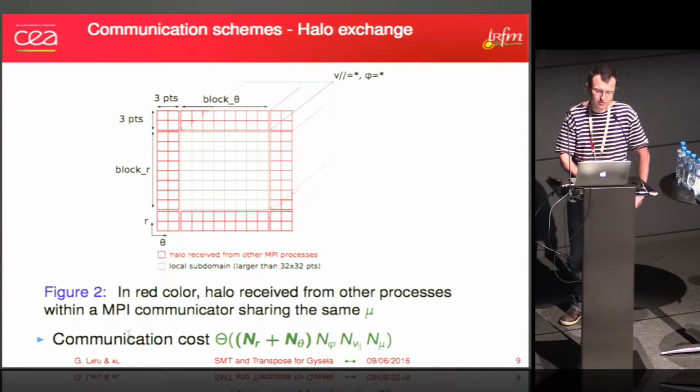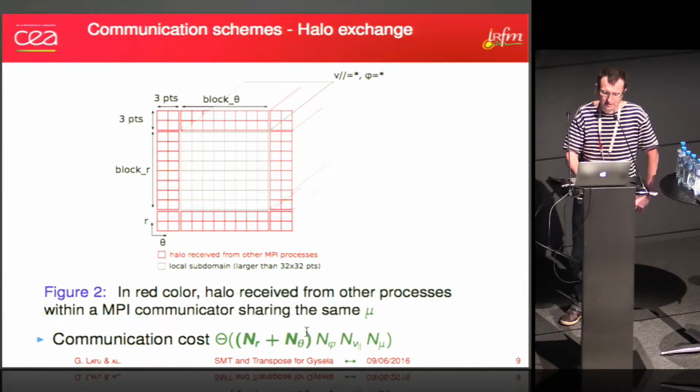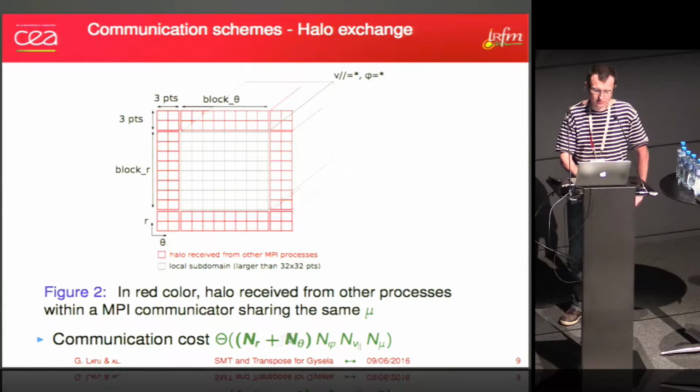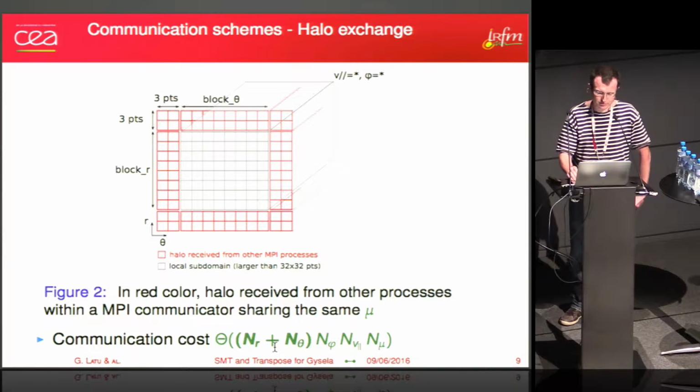The communication cost of this algorithm is proportional to (nr plus n theta) times n phi, n v parallel, n mu. So it's proportional to the perimeter of the subdomain.